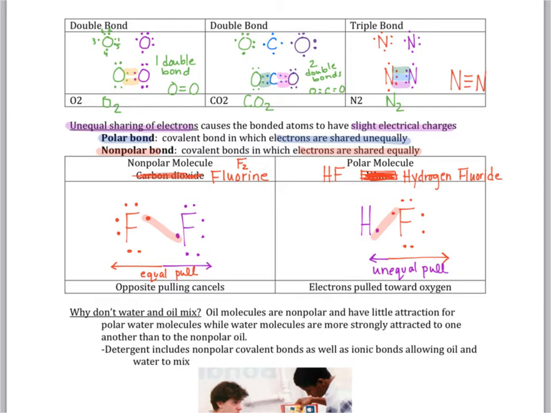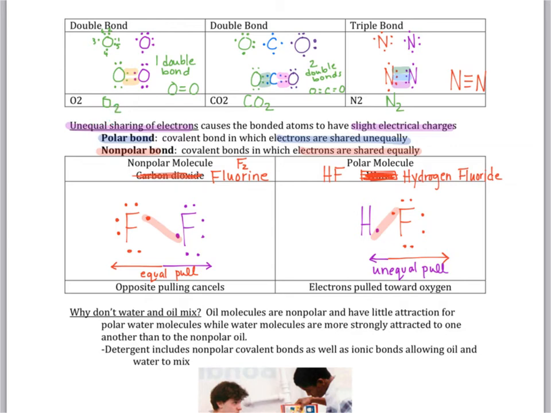It's also important to note that more than one electron may be shared between two given atoms. For example, you may have a double bond. An example of a double bond is the oxygen that we breathe, called O2. And please notice for all of these that the subscript has been indicated here.